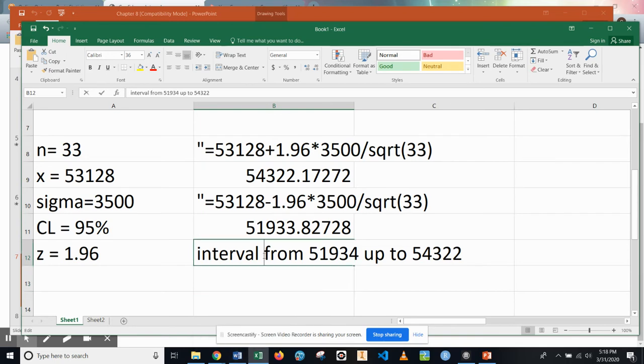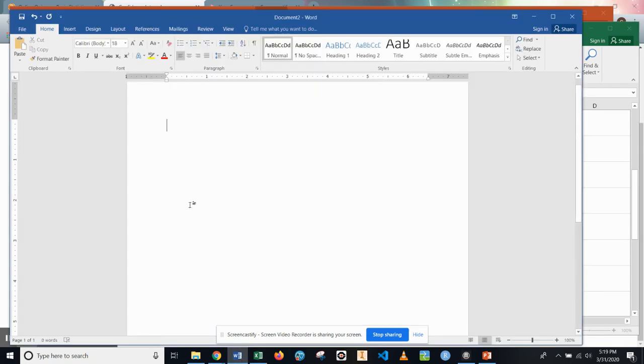Okay, so now let's write a statement about these two values. I'm going to grab my text here. I'll have to retype it. Let's type out a statement about our confidence interval. Generally, this is how it goes.